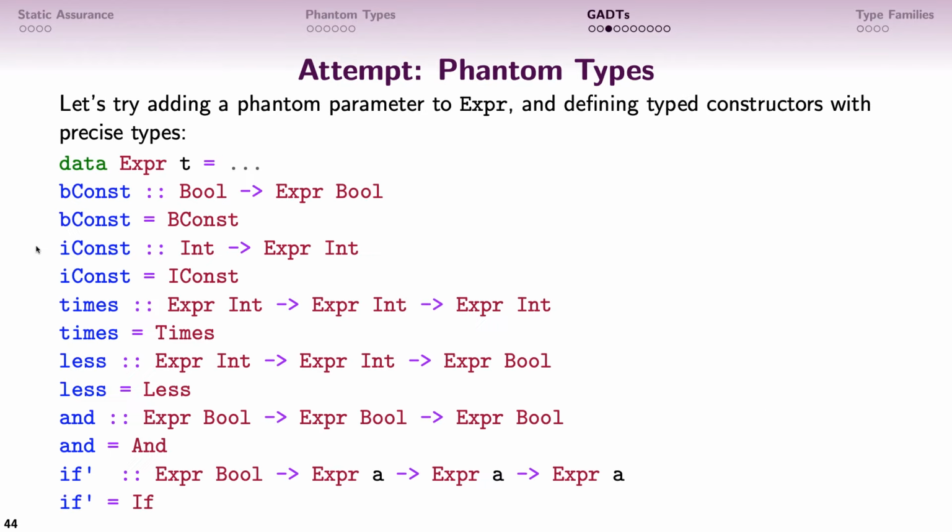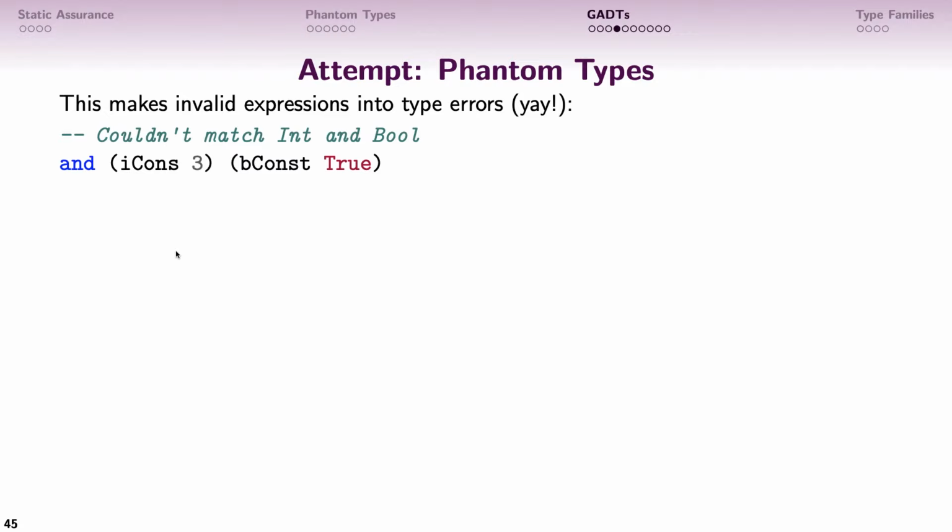And we constructed all of these extra constructors, these smart constructors, for each of the operations. So this makes our bad expressions into type errors. If I take And of an integer and a boolean, couldn't match Int and Bool, right? Gives me a type error.